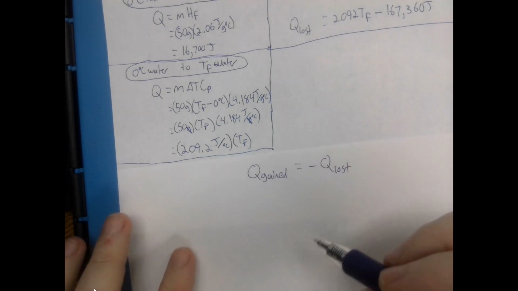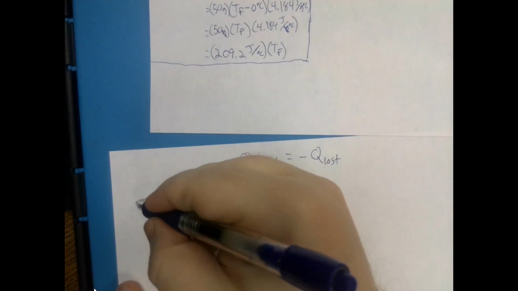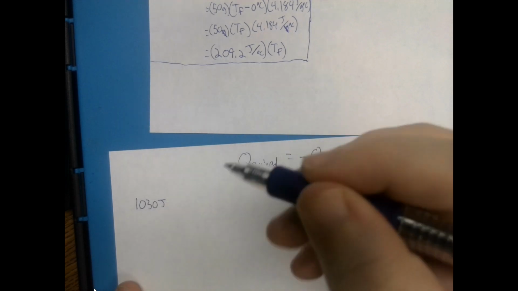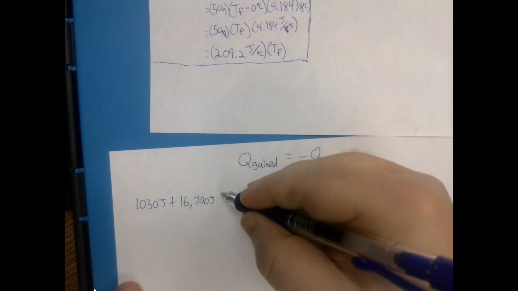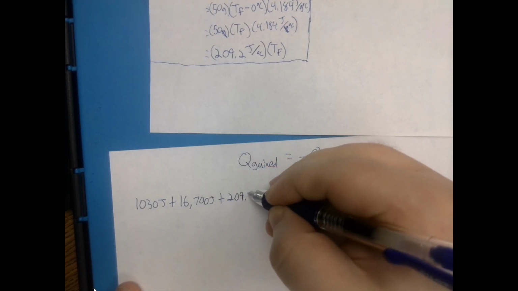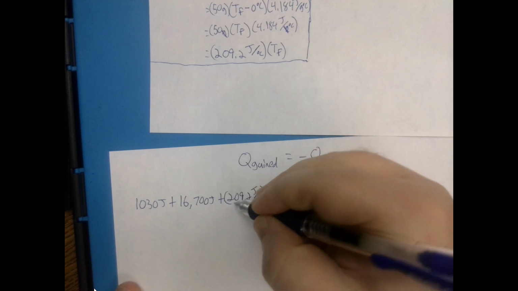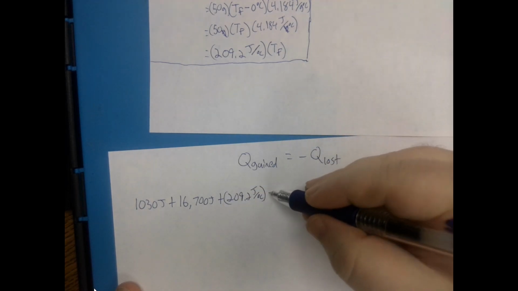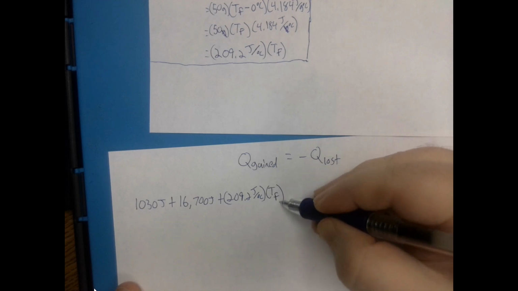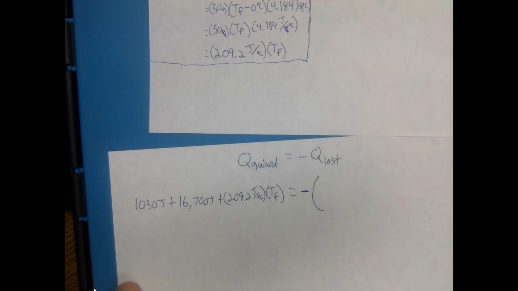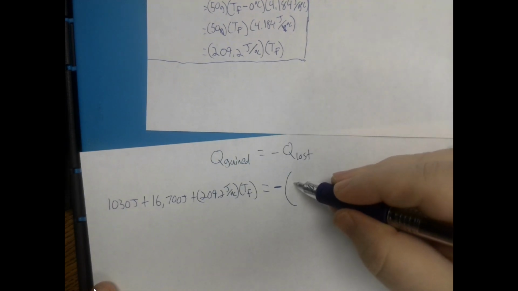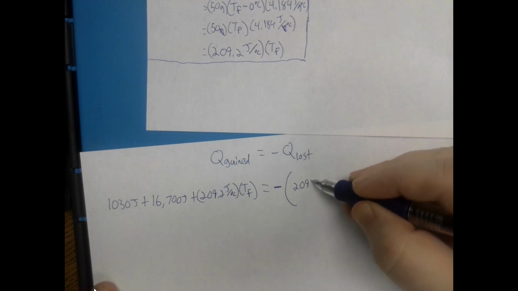So looking at our Q gained, we have 1,030 joules plus 16,700 joules plus 209.2 joules per degree Celsius times TF, and that'd be equal to negative Q lost, and Q lost was 2,092 TF.